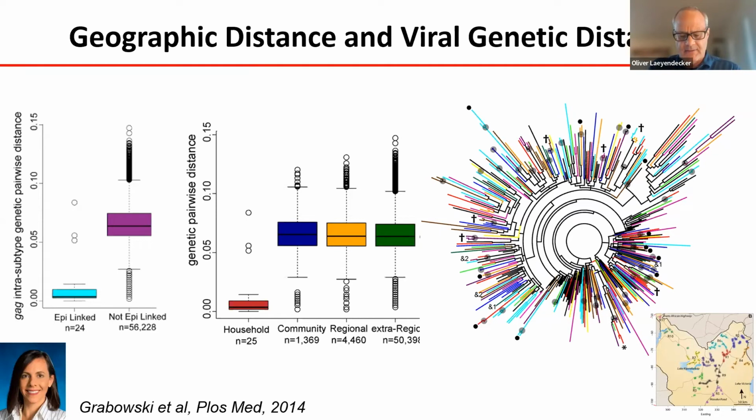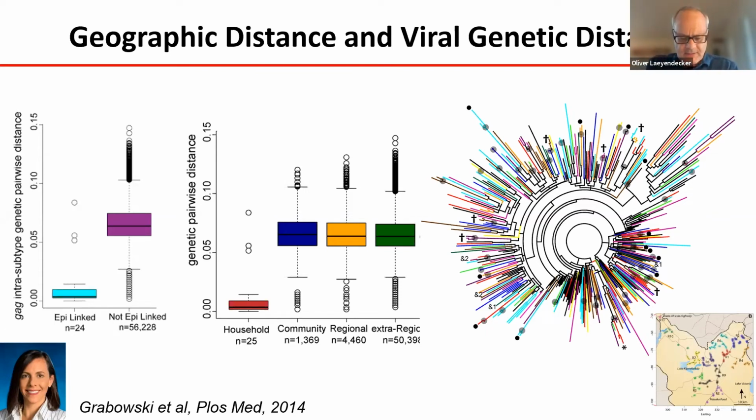So you have the greatest linkage within a household, but once you get past the household, the distances within a community versus a region versus essentially the whole cohort, there is no difference. There is no signal.